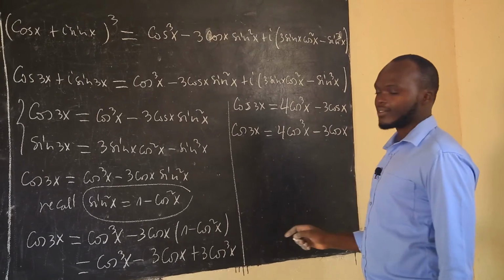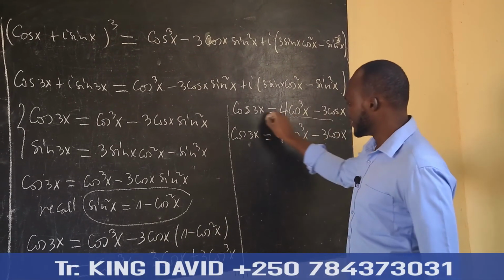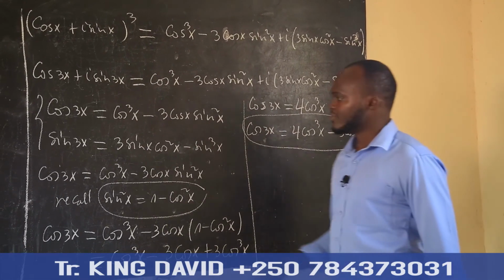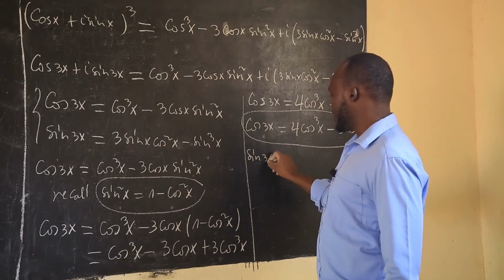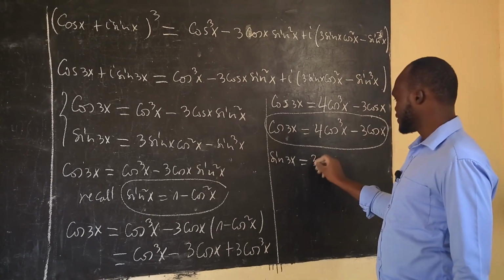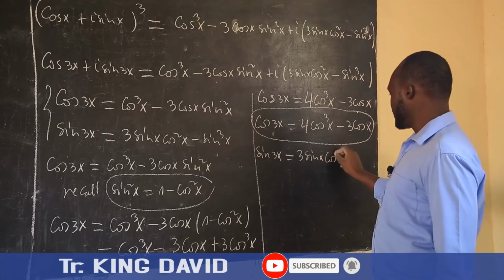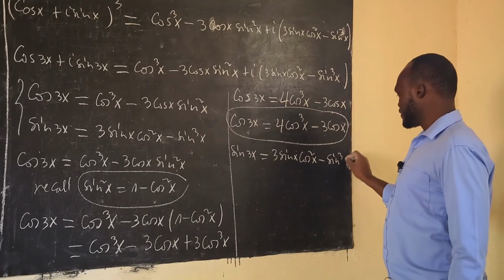You see, I have written cos 3x in terms of cos x only. So what is the value of sin 3x? Sin 3x is equal to 3 sin x cos squared x minus sin power 3 x.